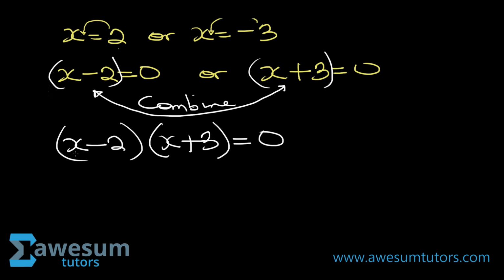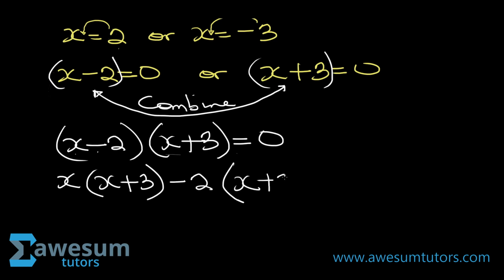Now this x is going to open up this bracket, so I'm going to have x bracket x plus 3, and then this -2 is also going to open up that bracket, so -2 bracket x plus 3 equals 0.